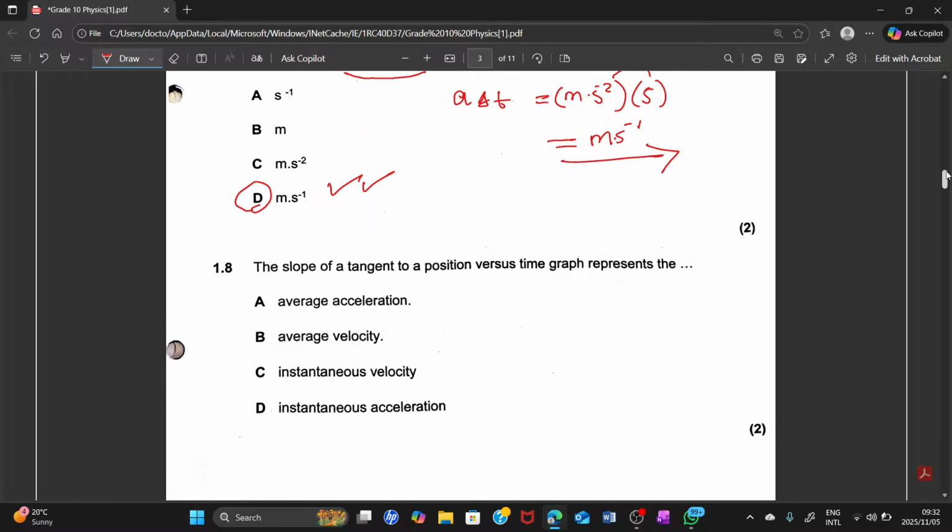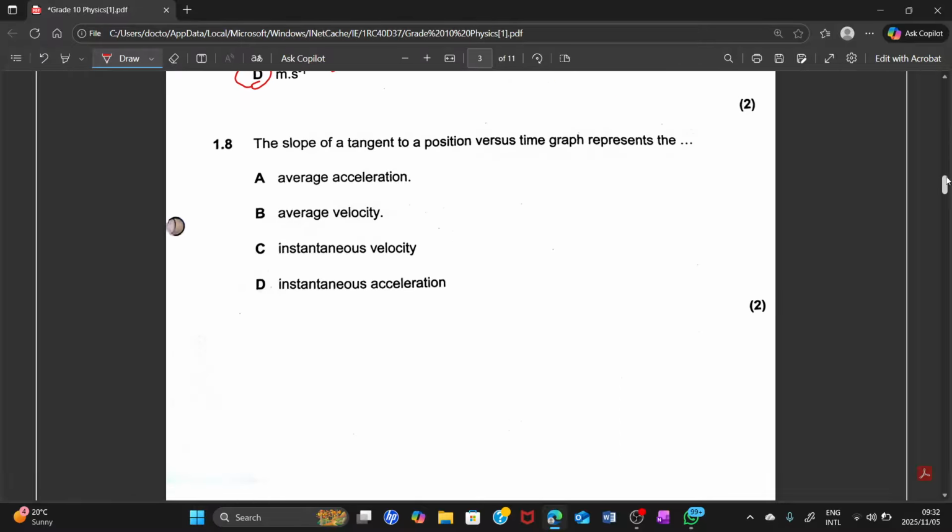Okay, let's go to the next one. The slope of the tangent to a position versus time graph represents what?